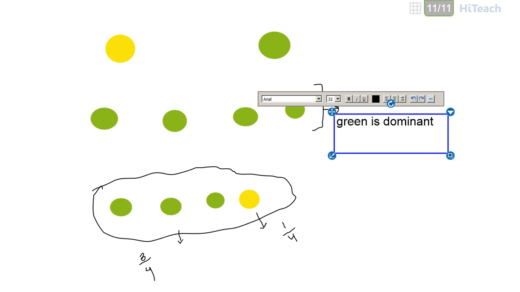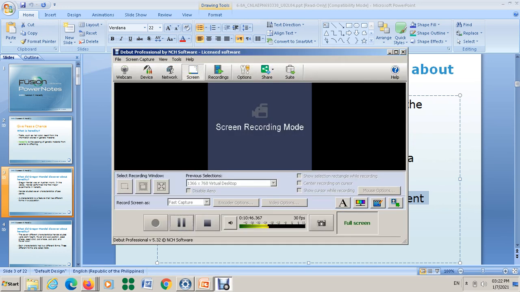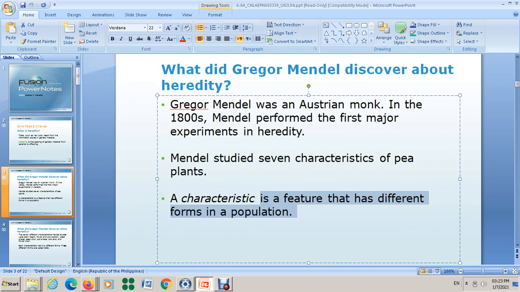Okay, and for yellow, it is recessive. For yellow here, let's write it here. And this one is recessive.